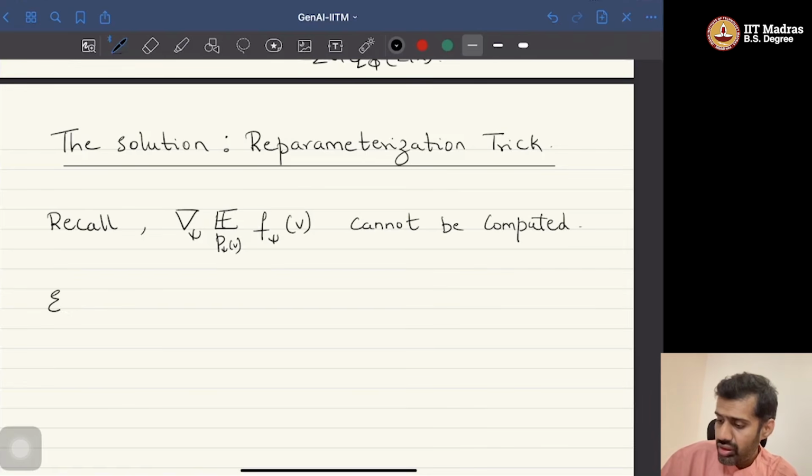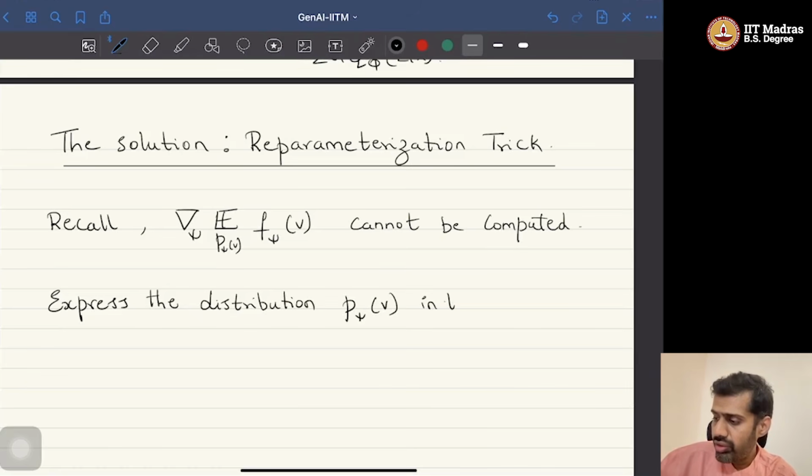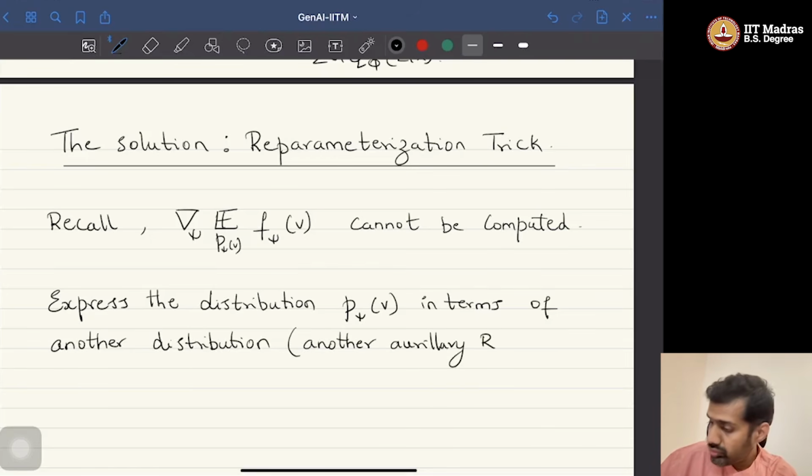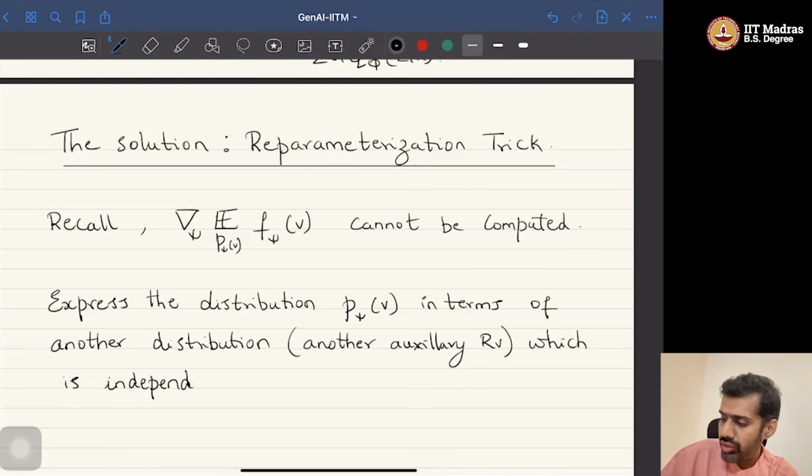The idea is to express the distribution p psi of v in terms of another distribution involving an auxiliary random variable, which is independent of the parameter psi.